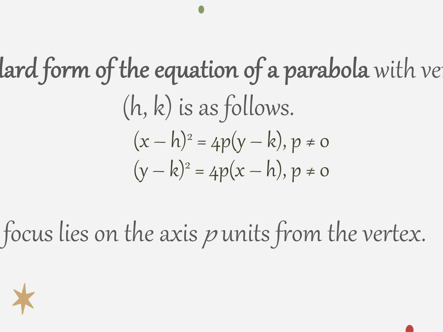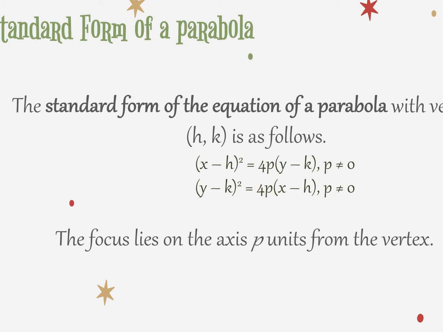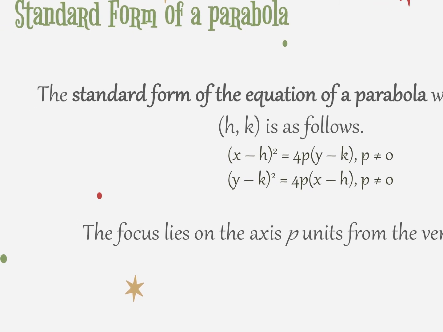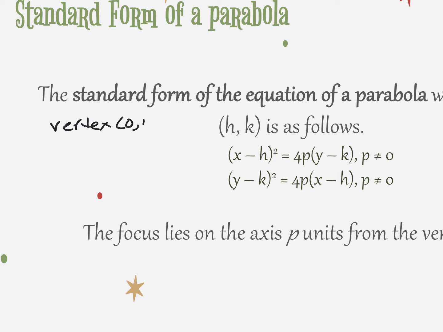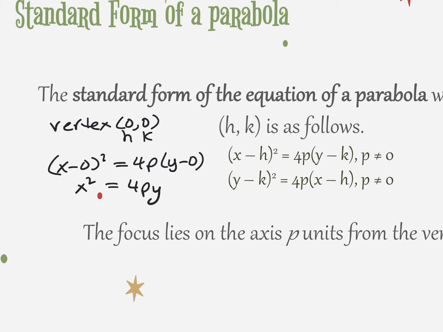Now, technically, you could use this for the 0, 0. Because, for example, let's say the vertex is at 0, 0. My h and k are 0, 0. So if you did x minus 0 squared equals 4p times y minus 0, well, when I do x minus 0, this just turns into x squared, and then this just turns into 4p.